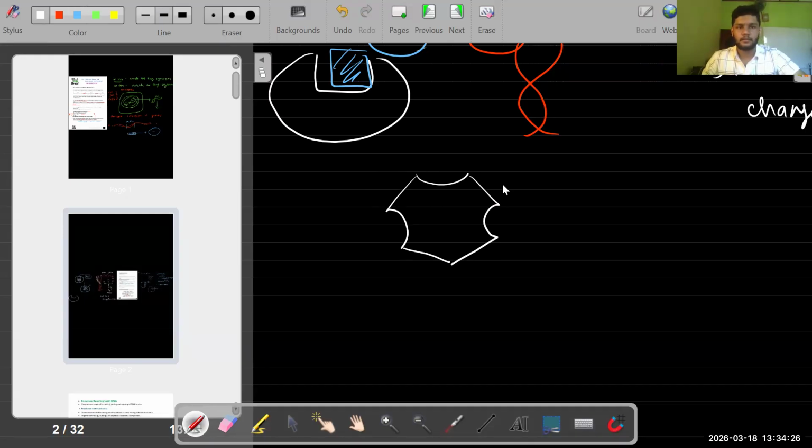Here one magnesium, here one magnesium, here one magnesium. So what is the total charge? Plus 2, plus 2, plus 2. So how many DNA molecules are required for the neutralization? How many DNA molecules? The complete complex has a plus 6 charge.